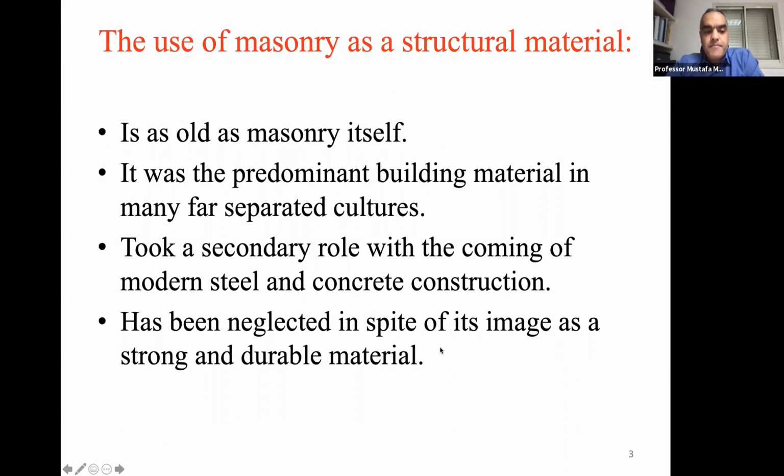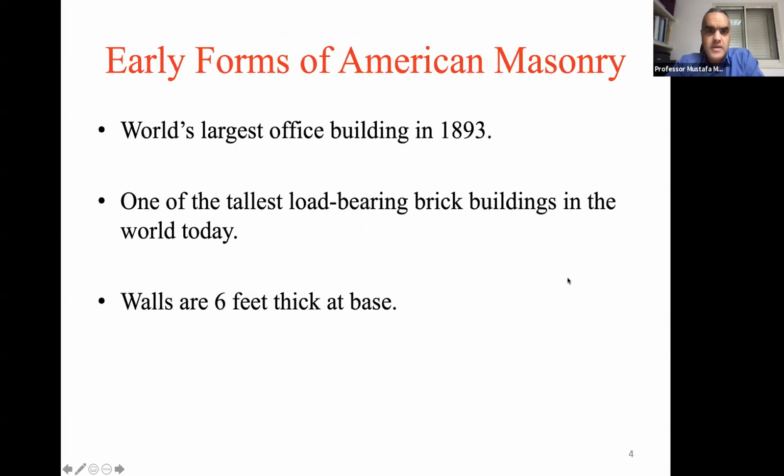It has been neglected in spite of its image as a strong and durable material. Again, this is due to the presence of steel and concrete in the construction industry. And of course, as you know, we also have timber, which is also old relatively compared to steel and concrete, because it's a natural material and it has been used also over the years.